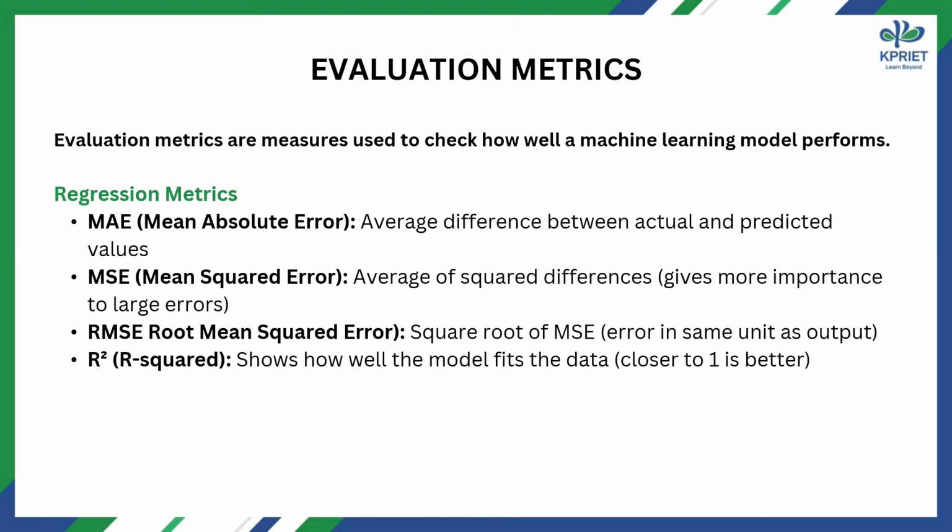Mean absolute error is the average difference between actual and predicted values, and mean squared error is the average of squared differences, and it gives more importance to large errors. Root mean squared error is the square root of mean squared error, and the error is in the same unit as the output. And R squared error shows how well the model fits the data, and a value closer to 1 is better.